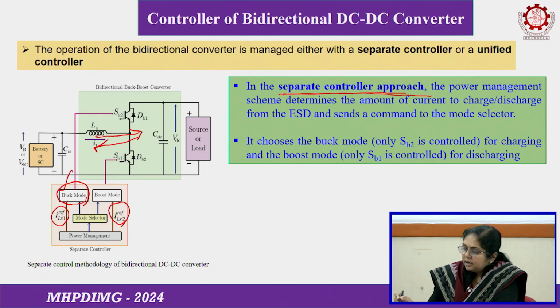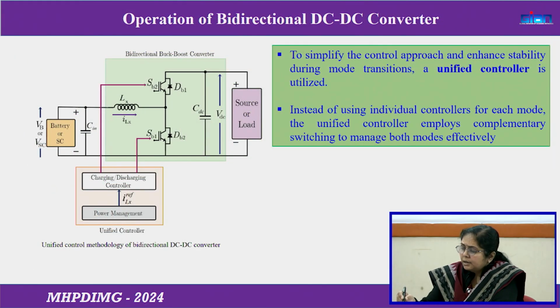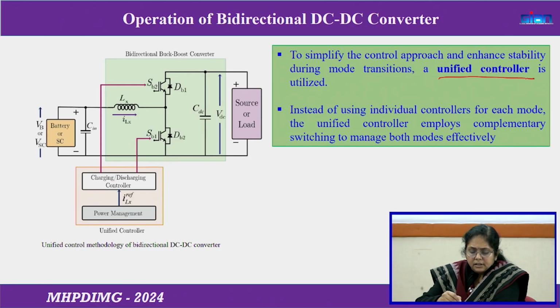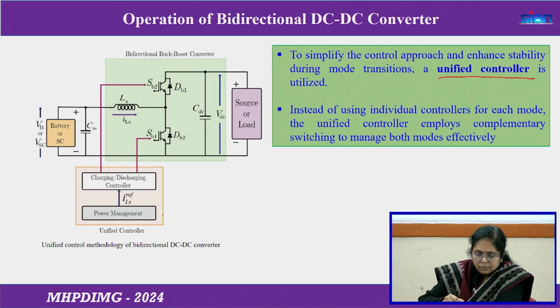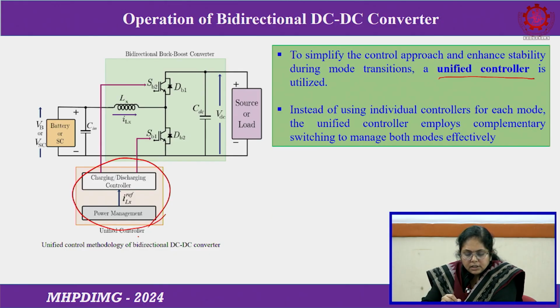Normally we are going to use what is called the unified control approach. When I come to the controller, I will show you the control approach. Here, the controller will generate the duty cycle.